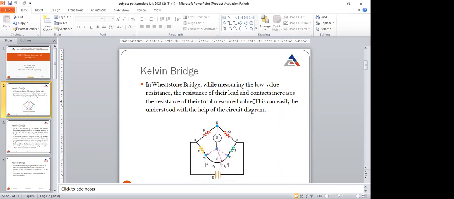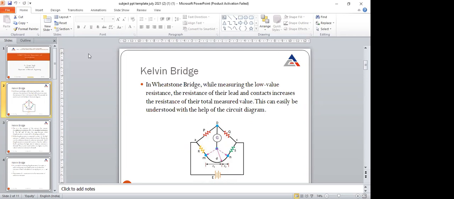Say we have to measure a resistance of 0.001 kilo ohm, that is 1.001 ohm. When we perform this experiment with the Wheatstone bridge, the connecting leads used to connect the resistance or the load increase the value of the load resistance. So this is one drawback in the Wheatstone bridge.